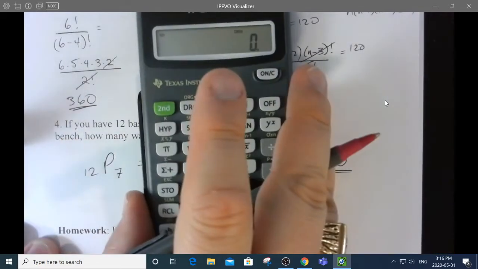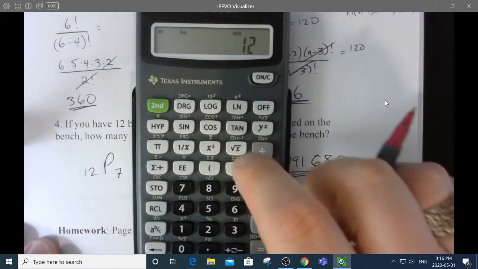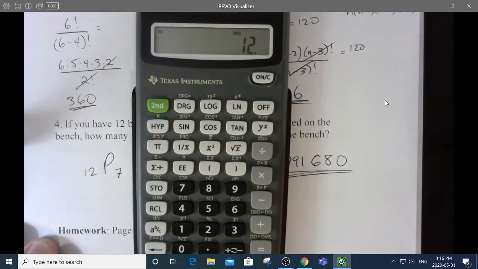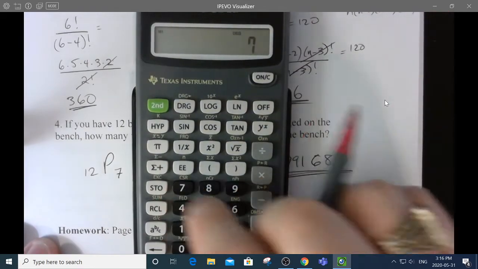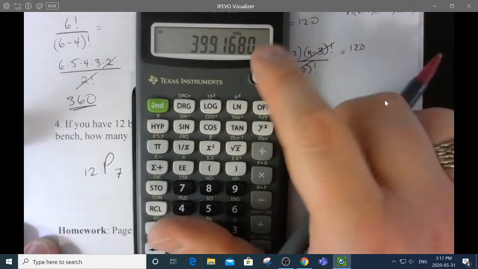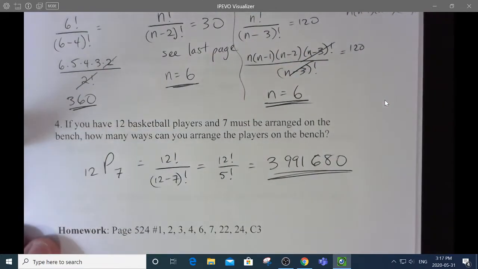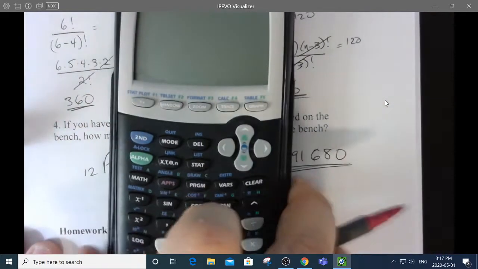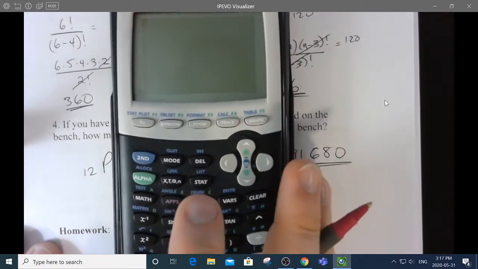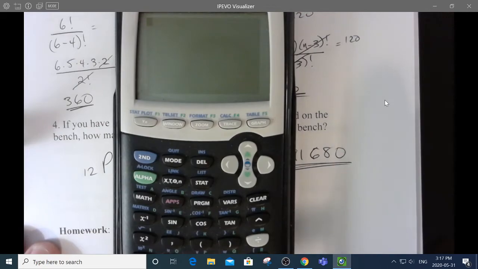So what was my calculation again? It was 12, shift 9, and that puts it in permutation mode. This calculator doesn't give you any hint that you're in permutation mode, and then hit 7, and then there's that number again. Again, if there is anybody rocking one of these things, it's in that math probability menu, because this is, again, a probability thing.